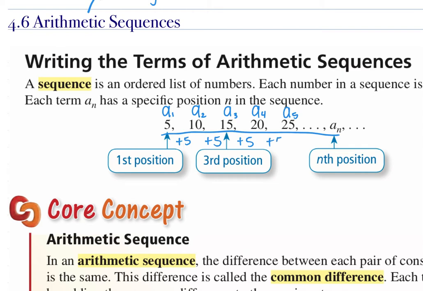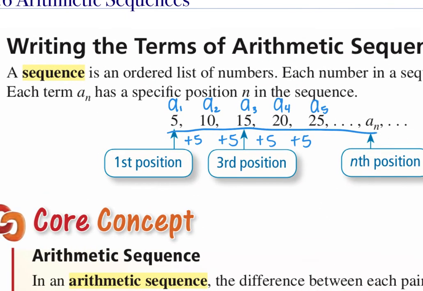And for a sequence to be arithmetic, it needs to have a consistent increase or decrease. Do you see how every single time we were adding 5? If any of those were plus 6 and were different than the other ones, it would not be arithmetic. It needs to be consistent and the same. So circle any of those plus 5s and just draw a little arrow.